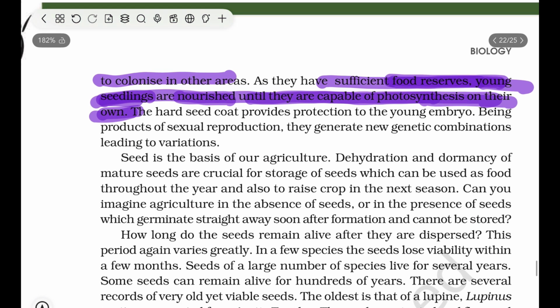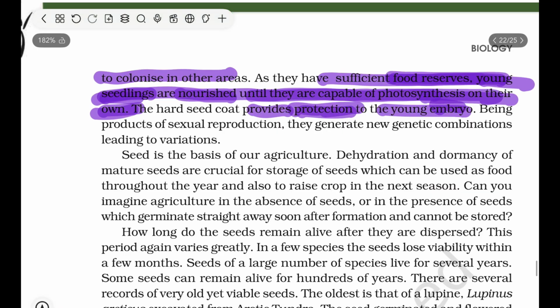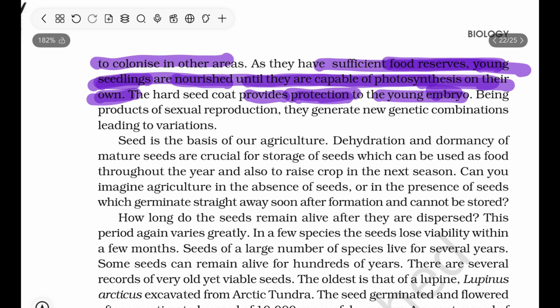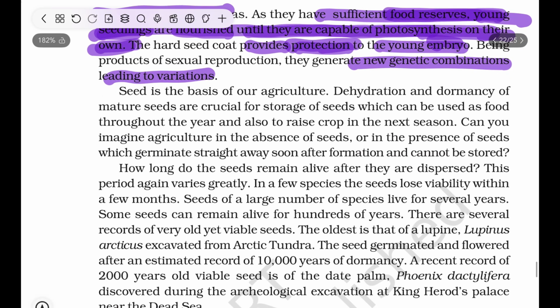The hard seed coat provides protection to the young embryo. What is the seed coat? It helps in the protection of the embryo. Being a product of sexual reproduction, they generate new genetic combinations leading to variation. Seed is the result of sexual reproduction, and we know sexual reproduction helps in variation. So that is definitely an advantage. Seed is the basis of our agriculture.